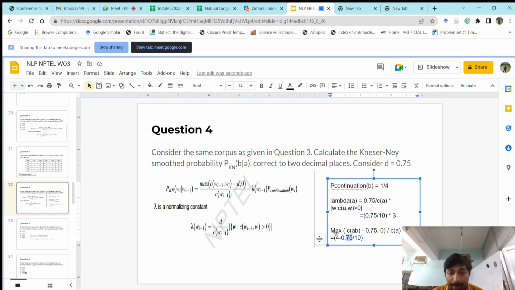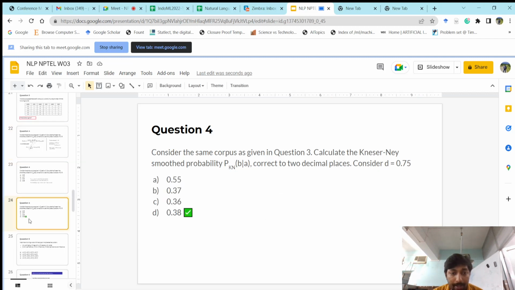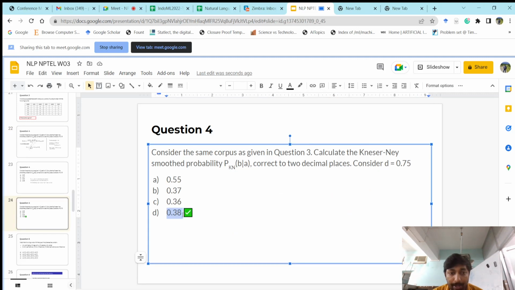Yeah, so if we calculate everything, put it all in, this comes to 0.3. Try it once and see if you get this.